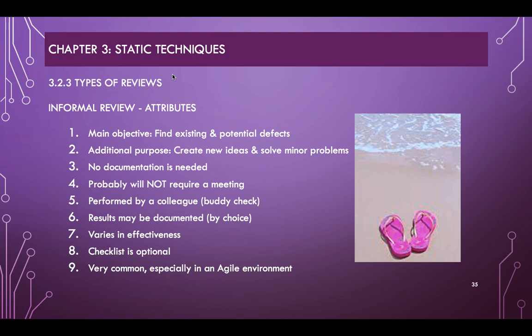Some of the attributes of the informal review include: 1, the main objective is to find the existing and potential defects. 2, a second objective is to create new ideas and solve minor problems. 3, no documentation is needed. 4, these usually do not require a meeting. 5, they are usually performed by a colleague and is also called the buddy check. 6, the results can maybe be documented by choice, and I always encourage documentation, but it's not necessary. 7, this process varies in effectiveness. 8, a checklist is optional.